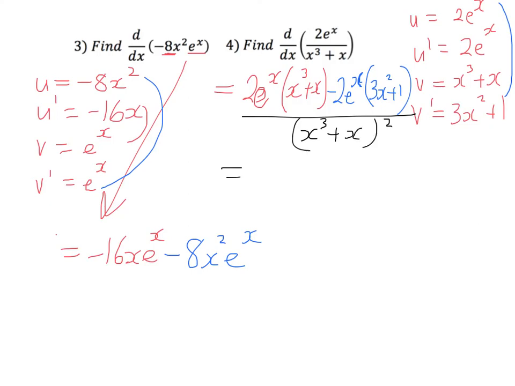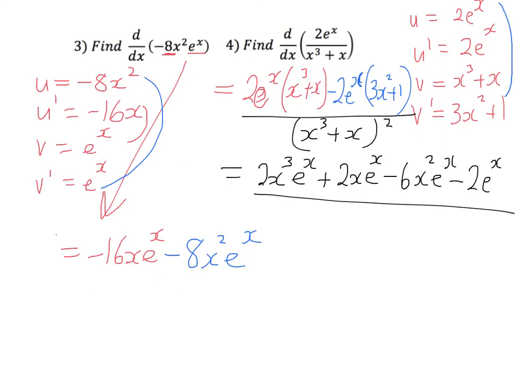So just expanding and collecting like terms on the numerator, we will get 2x cubed e to the x plus 2x e to the x minus 3 times 2 is 6x squared e to the x, and then minus 2e to the x all over the denominator squared.